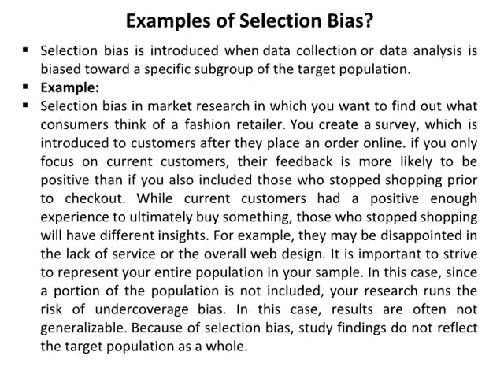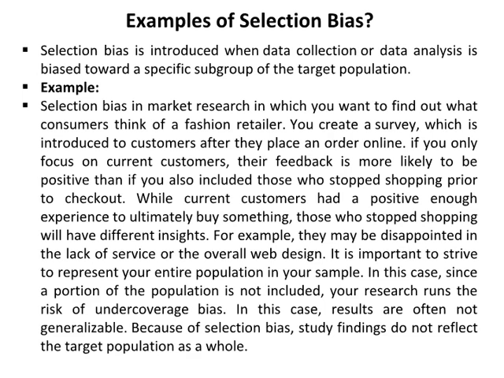Examples of selection bias. Selection bias is introduced when data collection or data analysis is biased toward a specific subgroup of the target population. Example: selection bias in market research, in which you want to find out what consumers think of a fashion retailer. You create a survey, which is introduced to customers after they place an order online.